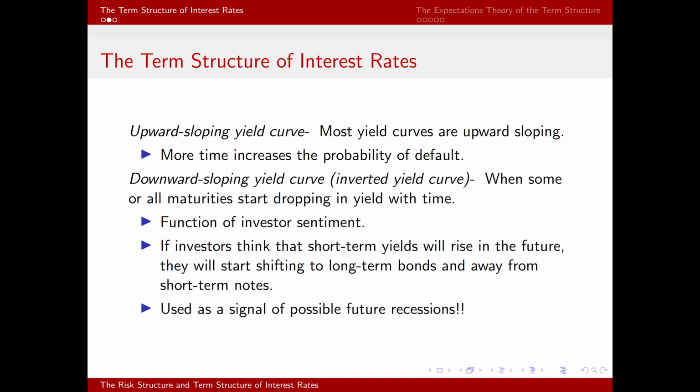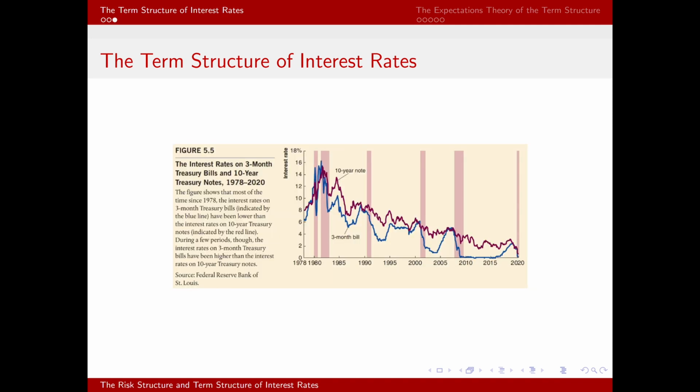And it's a signal of possible recessions. And what do I mean by that? Well, let's just say an investor thinks that in the next year there's going to be a recession. Well, in the very short term, before stimulus activities happen, the yield on short-term notes should rise because during recessions, there's always going to be an increased risk of default.